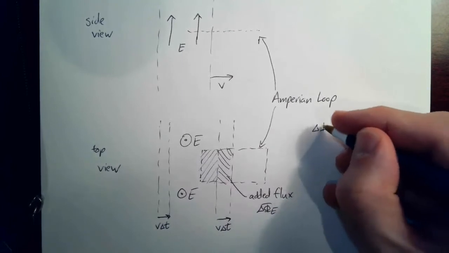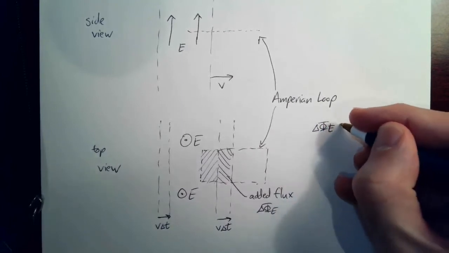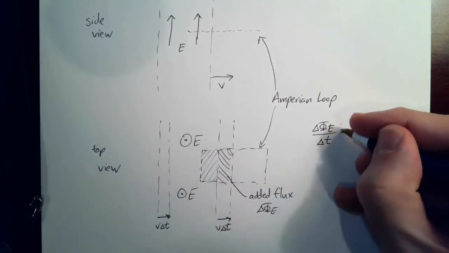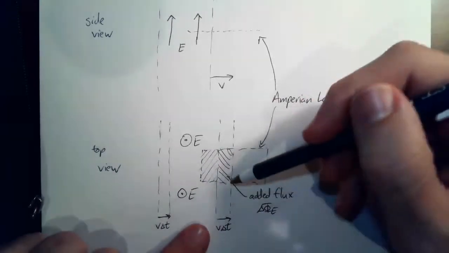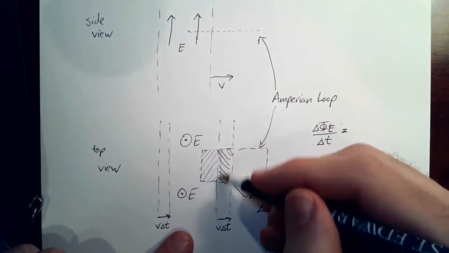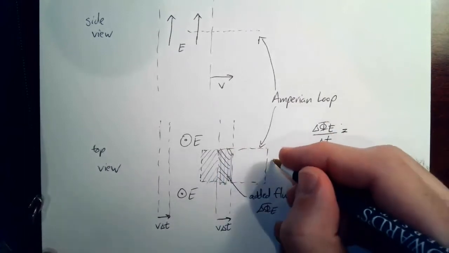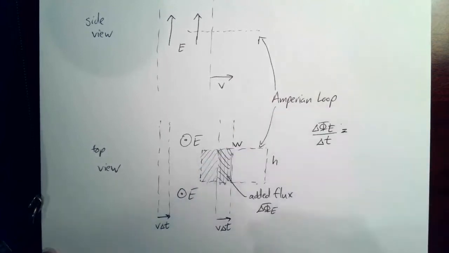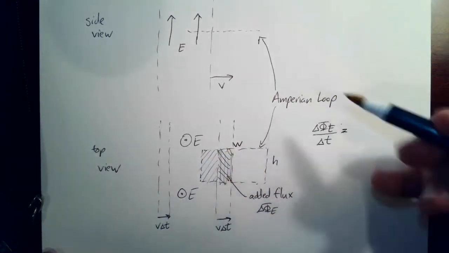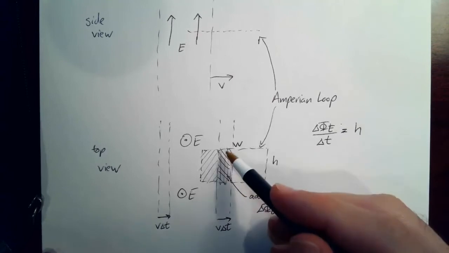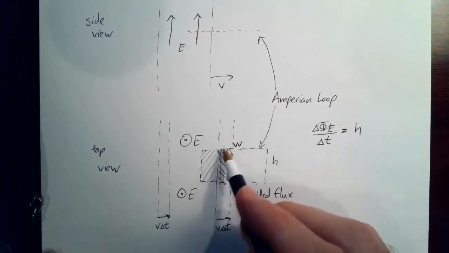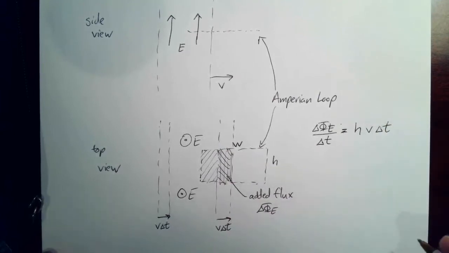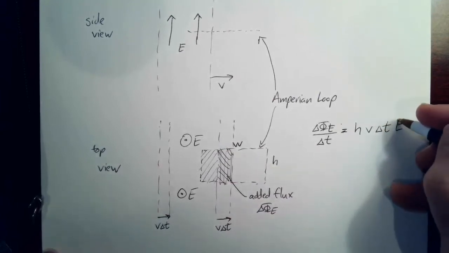So delta phi E over delta t is, so what is the area of this rectangle right here? Again, I'm going to give this a height h and a width w. So I've got a height h times a width of this rectangle, v delta t, times the electric field.